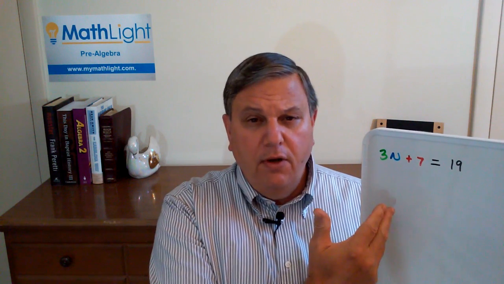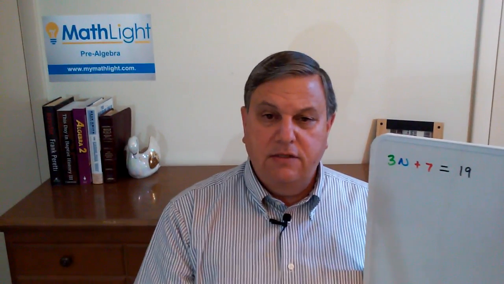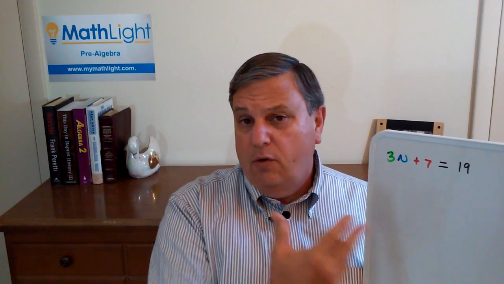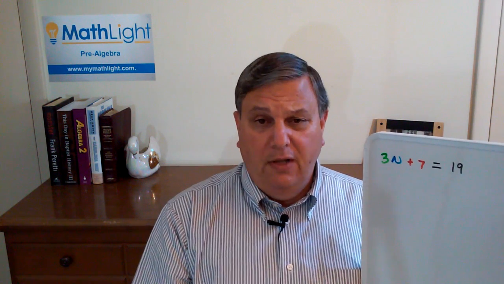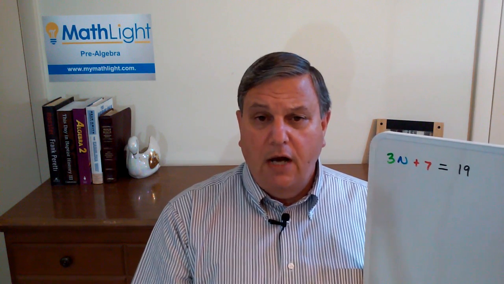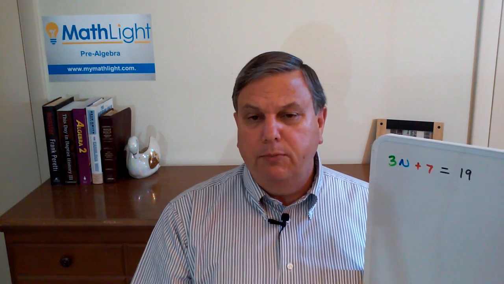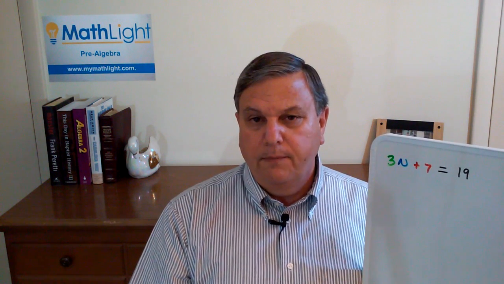Then we've got the 3, and the 3 is multiplied times the variable, again on the same side as the variable. So we can either have quantities added to the variable or multiplied times the variable. And my phraseology is this: quantities multiplied times the variable are moved by multiplying both sides by the reciprocal.